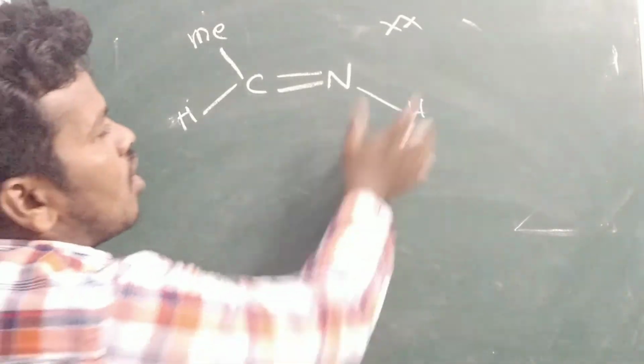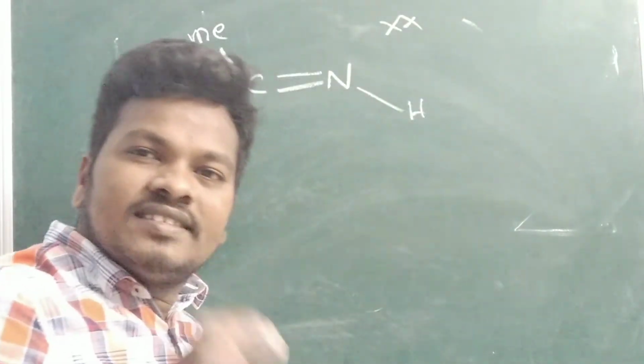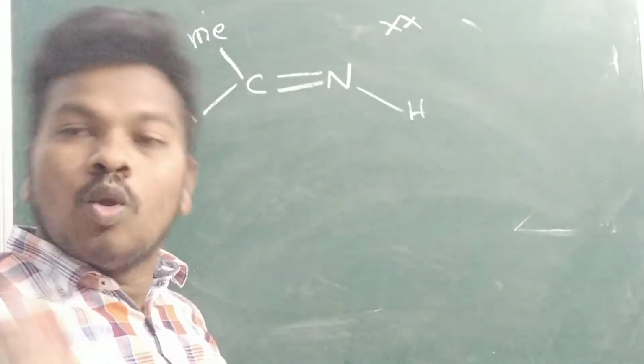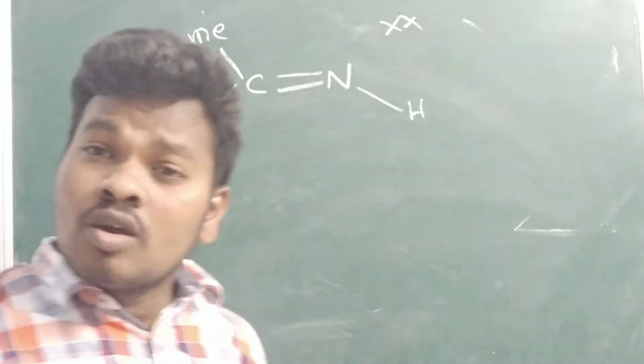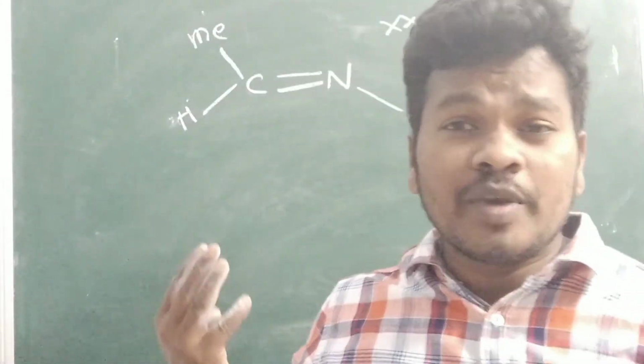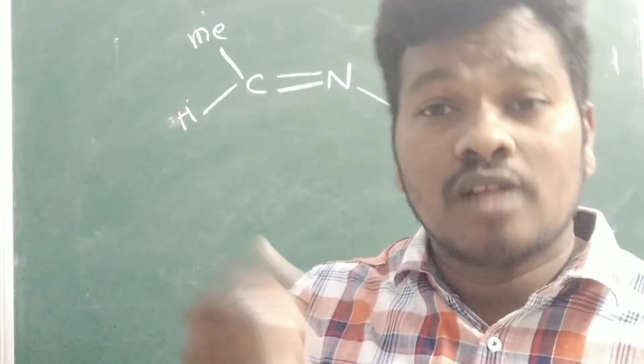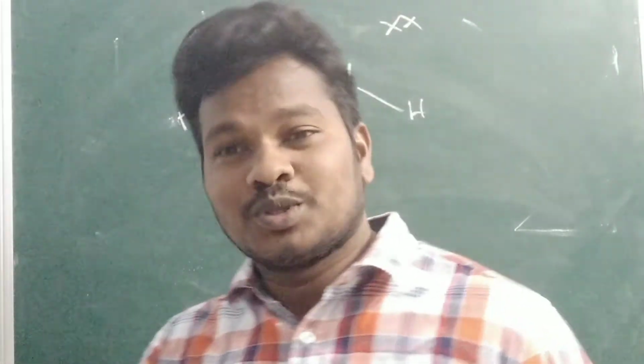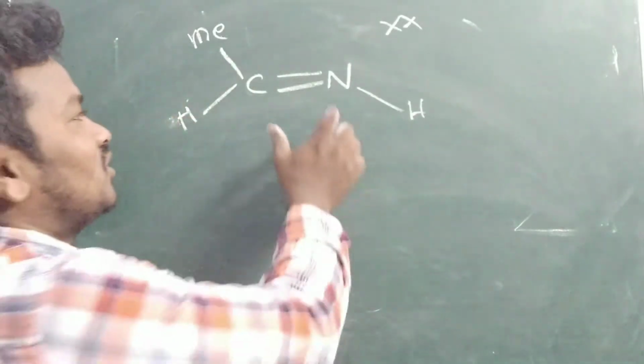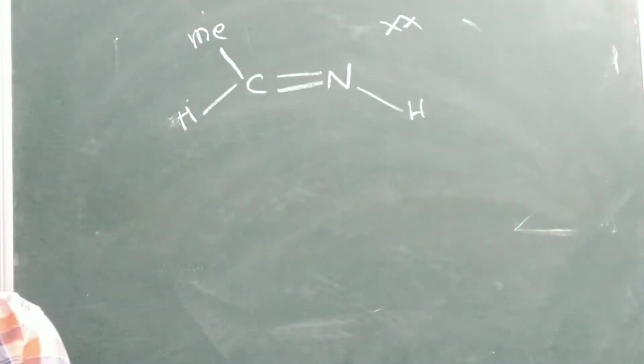See here, lone pairs should also be considered as groups. If a lone pair is present, you should consider it as a group. Okay, this is the important point. Just remember this.